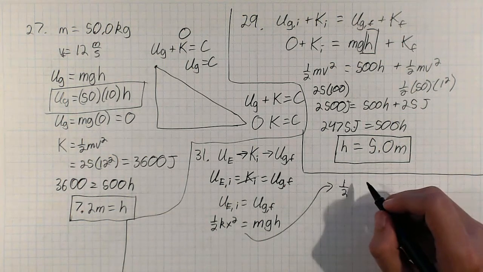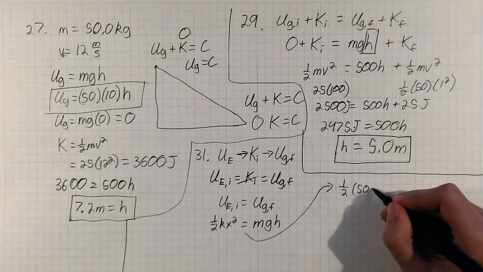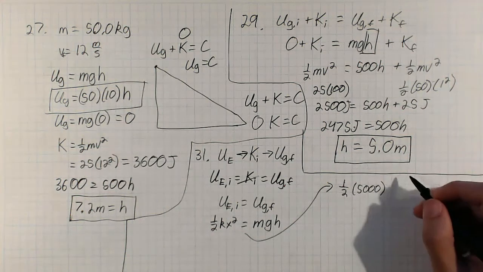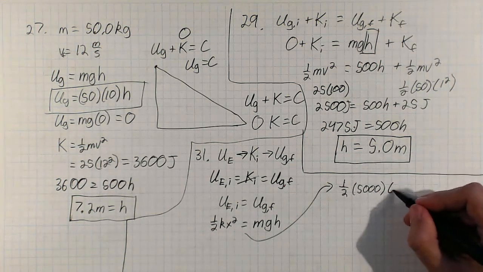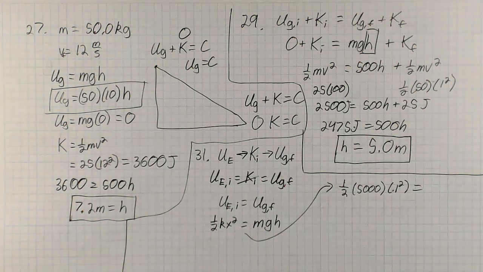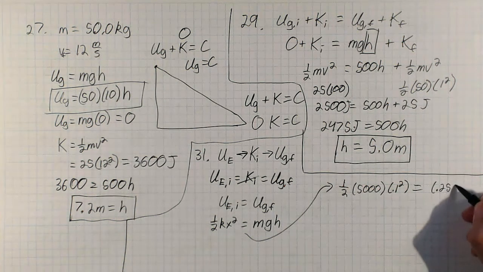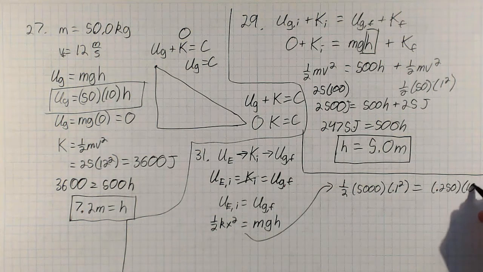So 1/2 of 5.00 times 10 to the third, which is 5,000, times x squared, which is 0.1 squared, is equal to mgh. So we know that our mass is 0.250, times gravity, which we're going to say is 10, times our height, which is what we're looking for.